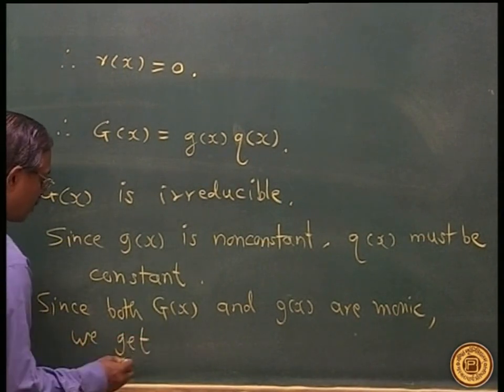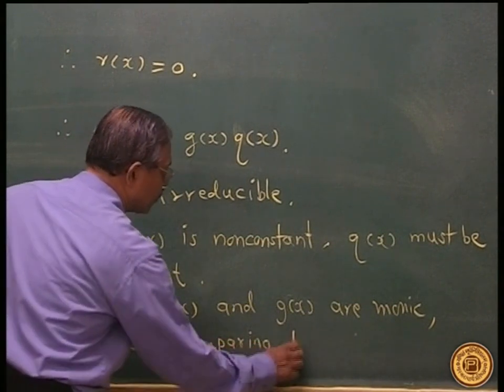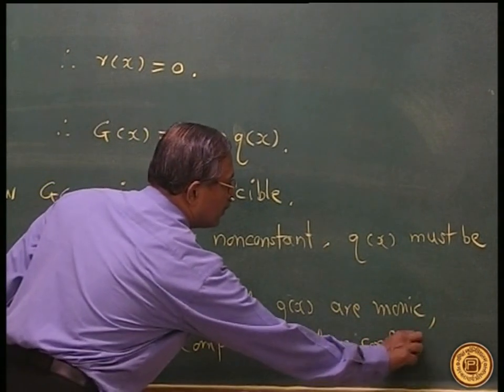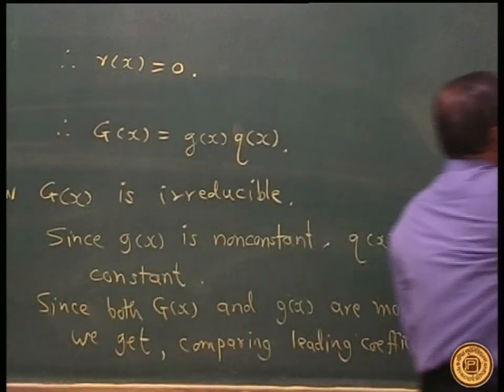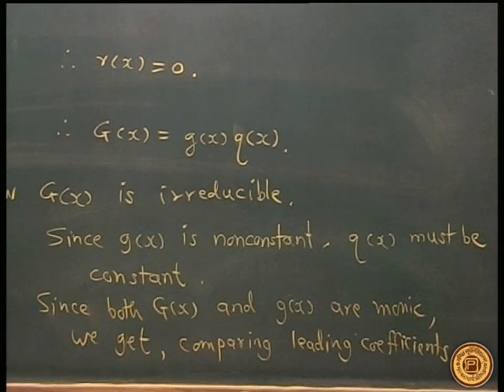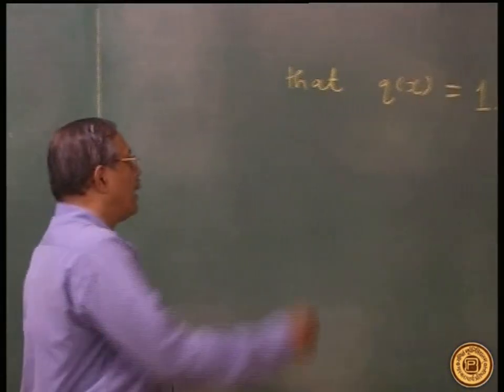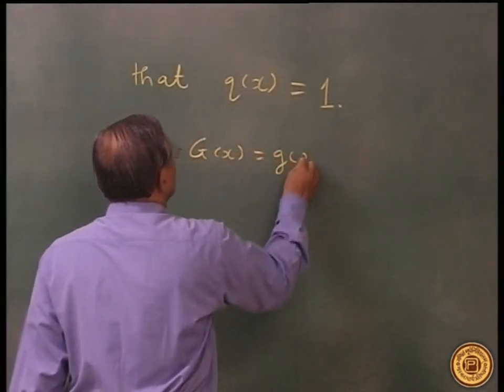We get, comparing leading coefficients, that q(x) equal to 1, and that is capital G(x) equal to small g(x).